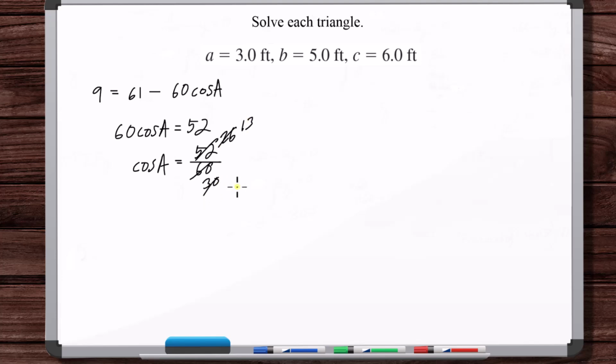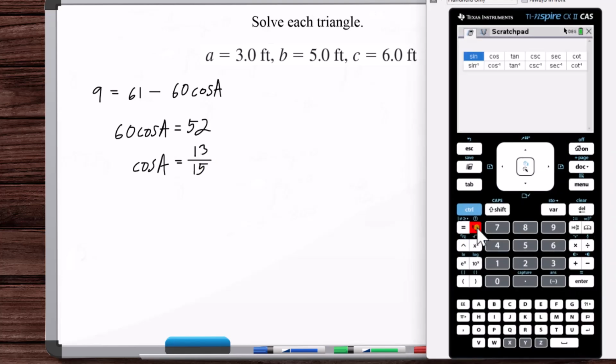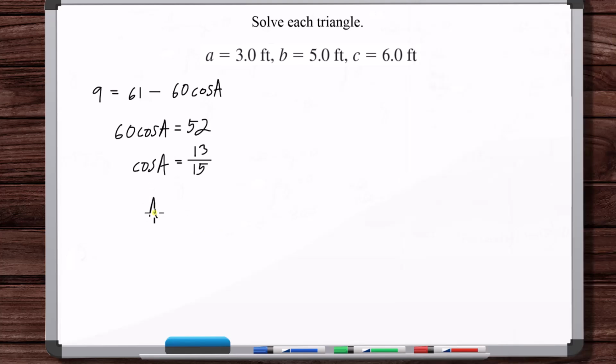So 13 over 15. Okay, so inverse cosine of 13 over 15 is 30 degrees. So A is equal to 30 degrees.